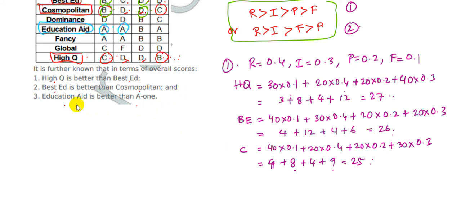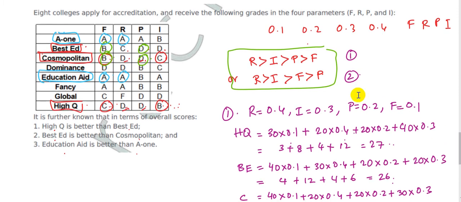Now E is greater than A. So E will be A in F, that is 50 into 0.1, plus A in R. We can ignore these two since they would be the same, so we can just compare the third and the fourth.